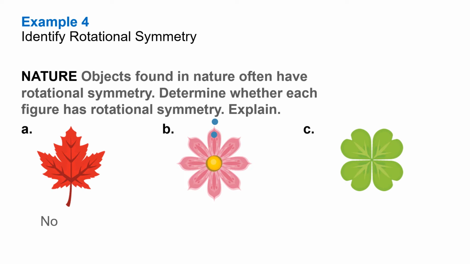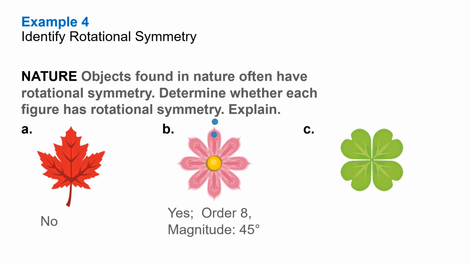It took 8 turns to get back to its original petal. So that means that this flower has rotational symmetry and its order is 8. To determine the magnitude, you take 360 and divide it by 8. 360 divided by 8 is 45.